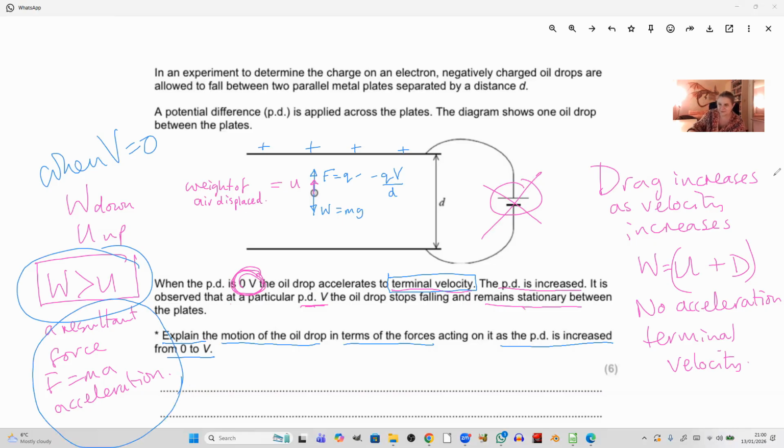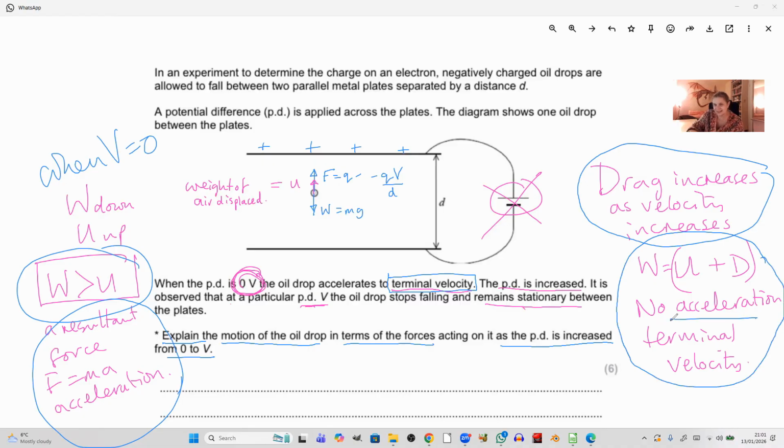And the consequence of that is that drag increases. And the consequence of that is that eventually you get the forces in equilibrium, you get no acceleration. Can you see it's a consequence? And you get a terminal velocity. And that's what happens at 0.